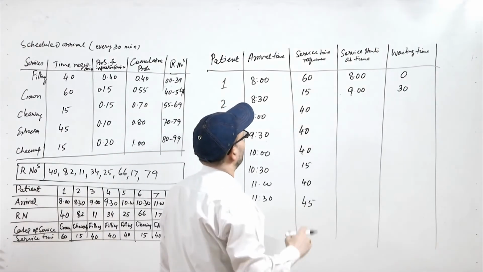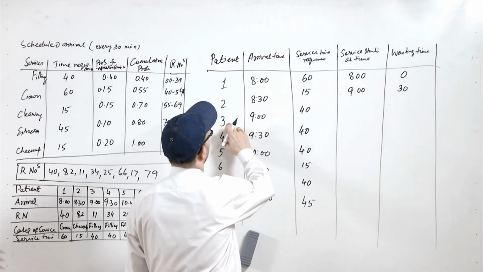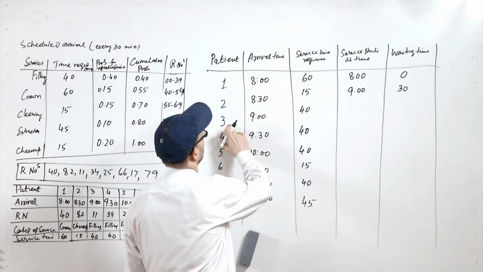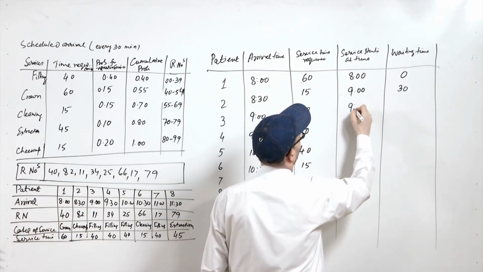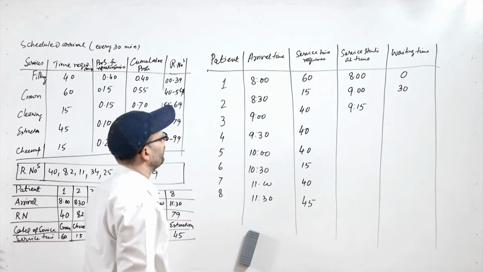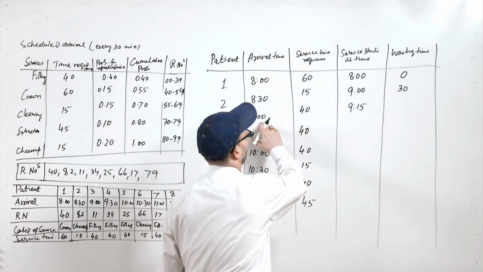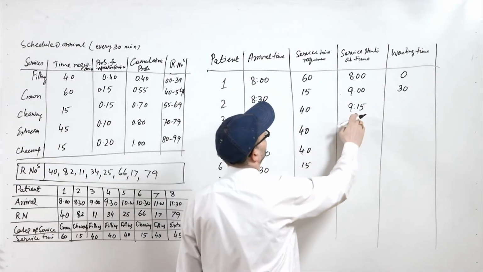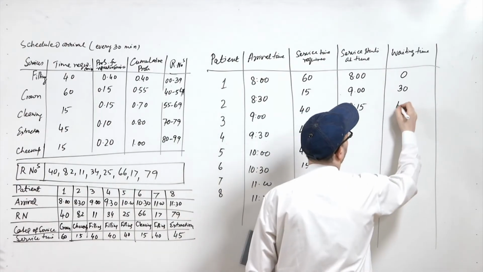So, at 9:15 he will depart, and once he departs, the third patient's service will start. Since he is coming at 9 and joining the service at 9:15, he has to wait for 15 minutes.